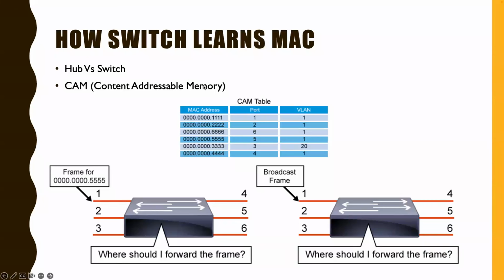So, traditionally our LANs were made of Ethernet hubs. Nowadays, those hubs have been replaced with switches. In a hub, we have already seen that all the hosts share the available bandwidth.